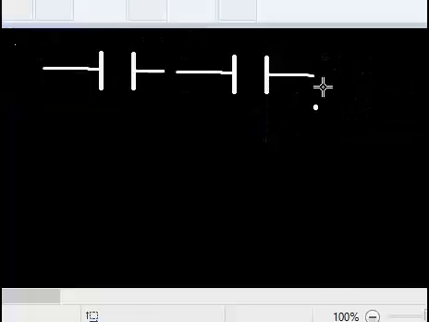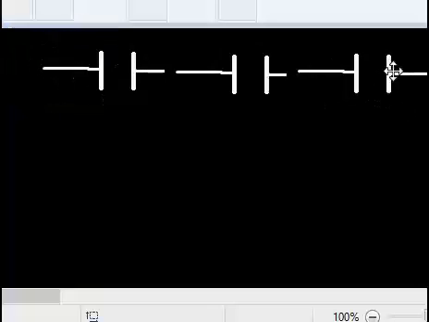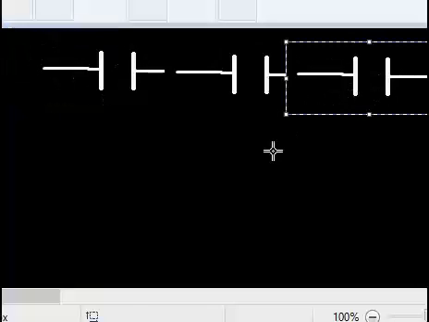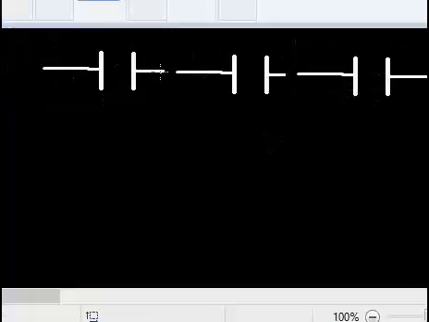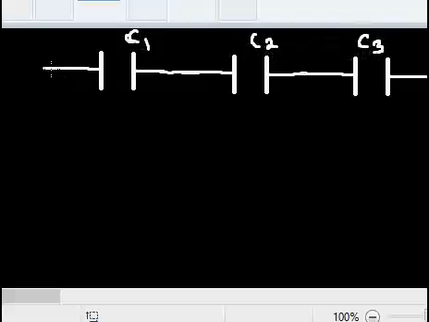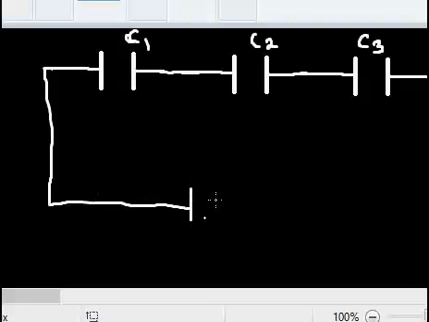So this is series, three capacitors C1, C2, C3. This is a series connection. So I can now supply voltage across the network.